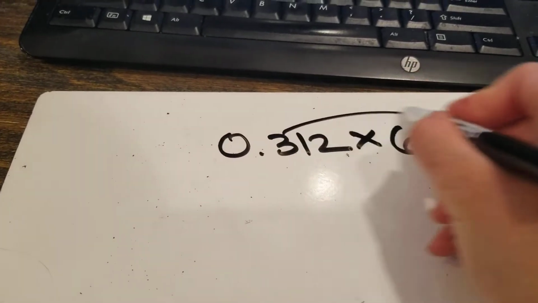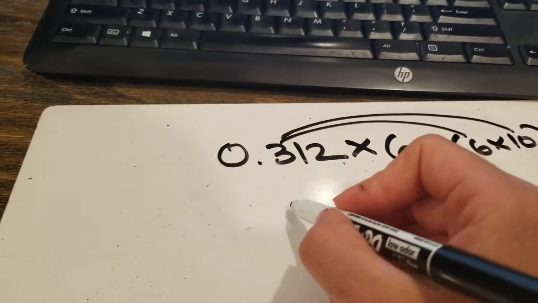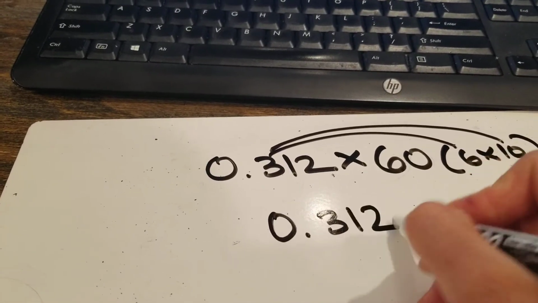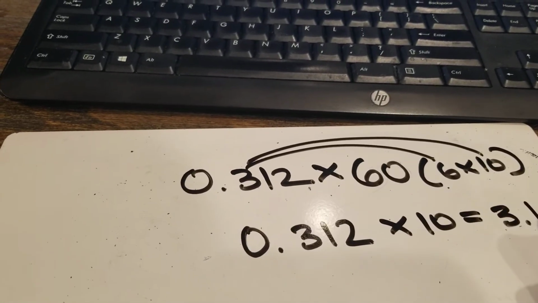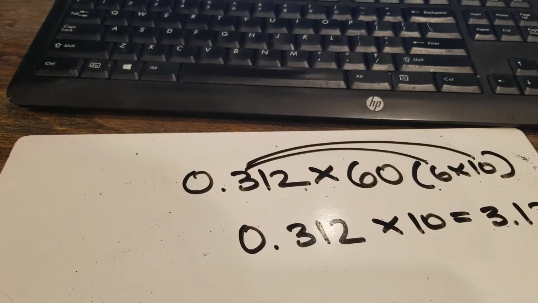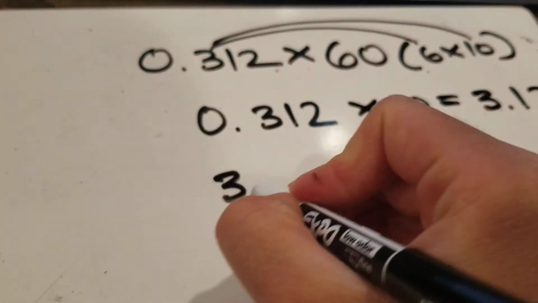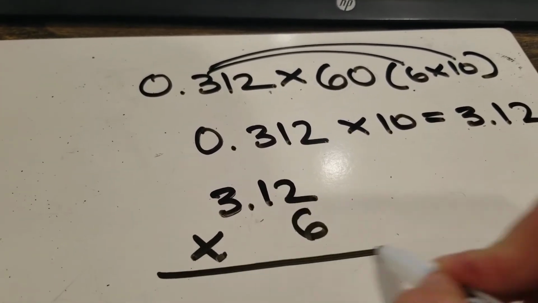So multiply this by this, and then the answer by that, okay? So 312, let's multiply it by 10 first, equals 3.12. Oops, sorry, gotta move over. And then I do 3.12 times the 6.